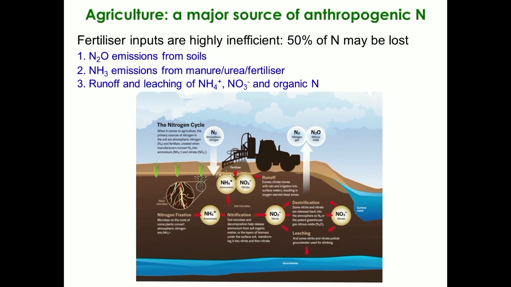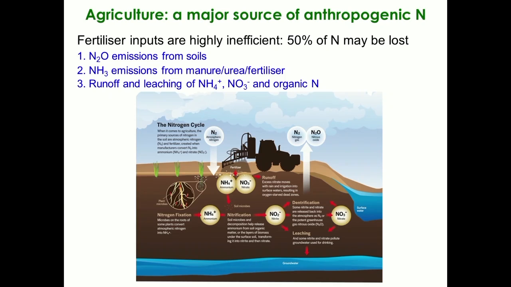But this nitrogen input is, unfortunately, generally inefficient. Only a proportion of that nitrogen is being utilised by the crops. A lot of that nitrogen, sometimes as much as 50%, is being lost, and it's being lost through a number of different routes.